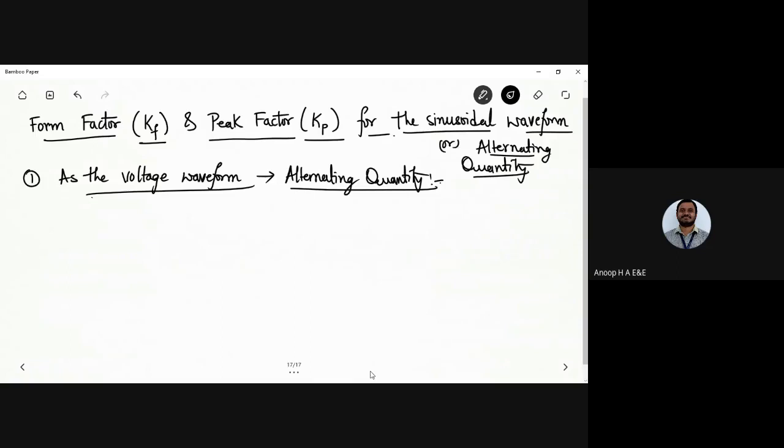So how do I define this kf, which is nothing but the form factor?